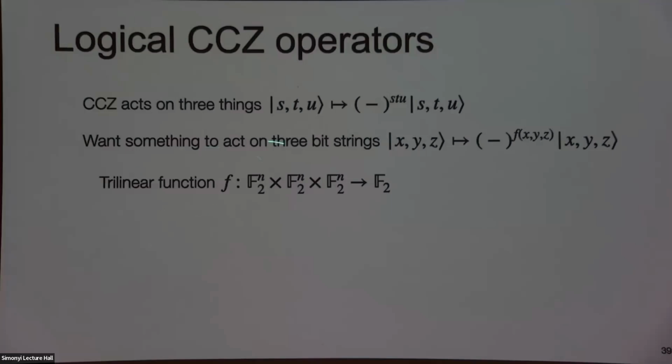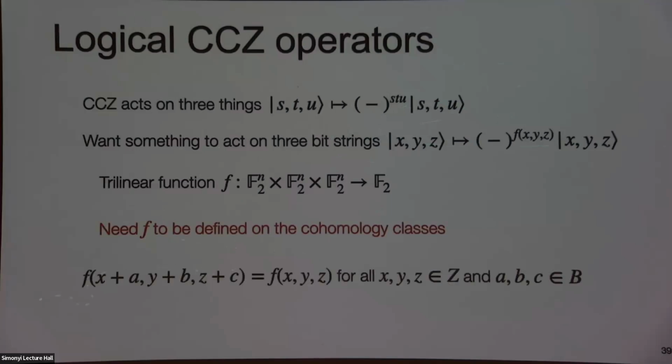Now we want this operation to act on the code space, so equivalently we want f to be defined on the cohomology classes. The condition we want is that f of x plus a, y plus b, z plus c should be equal to f of xyz, for xyz inside the cycles and abc inside the boundaries.